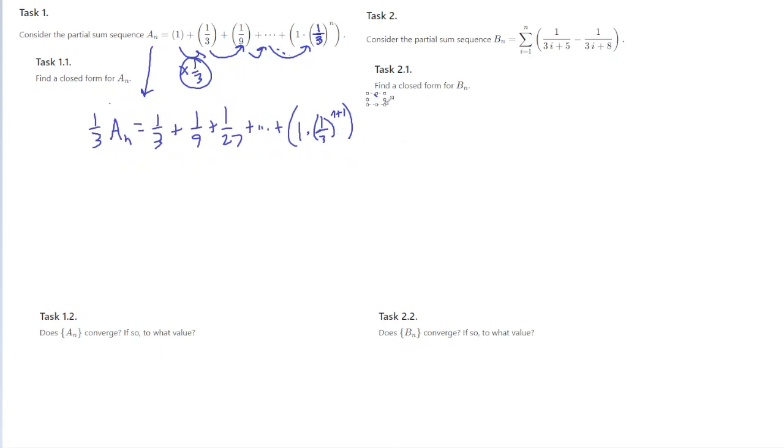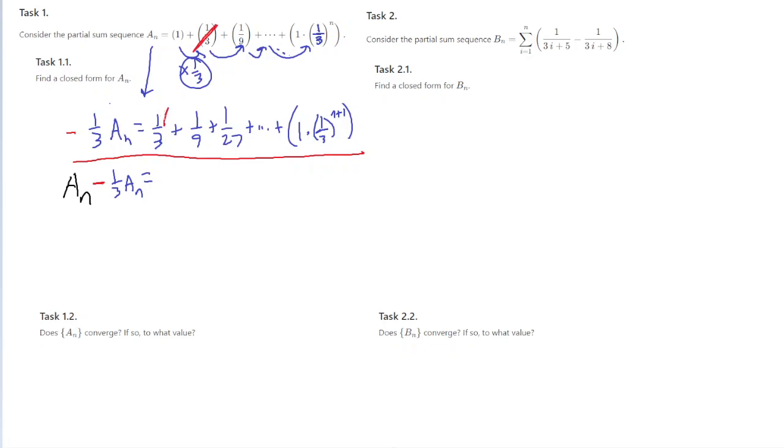All right. So what we want to do now is take these two sequences and subtract them. By doing that, I have the original a_n minus 1/3 a_n. And when I do this process of subtracting these two different partial sums, I notice that by multiplying everything by a third and subtracting, I'm going to get most of this stuff to cancel.